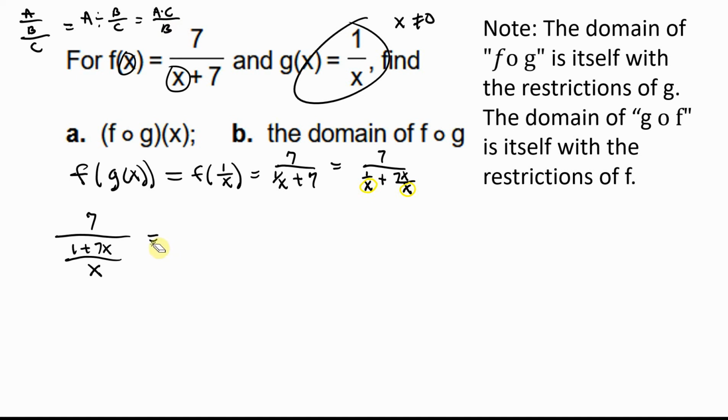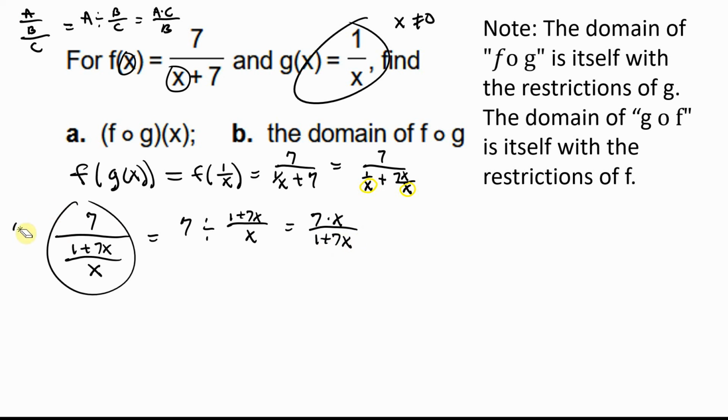So this is 7 divided by 1 plus 7x all over x, which is 7 times x all over 1 plus 7x.